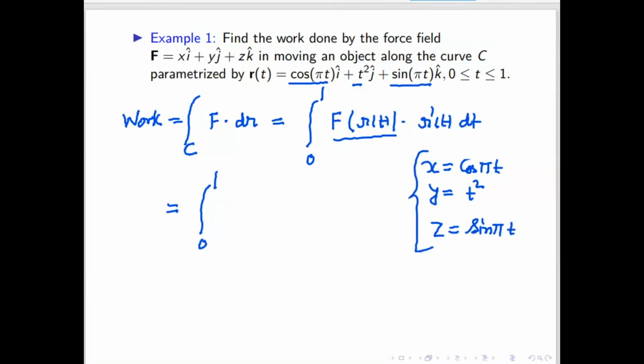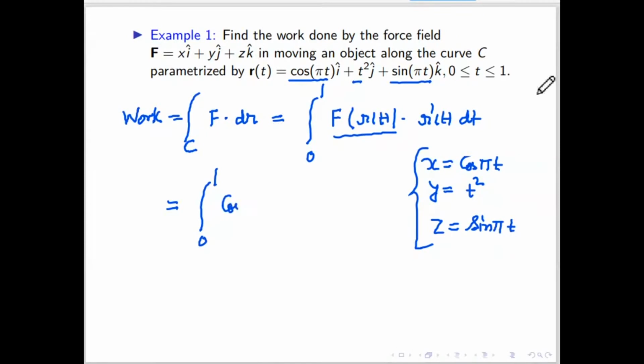It is given. So we'll replace this value in the force F. It will give cos pi t i cap. Okay, let me write one by one, then I will do everything.